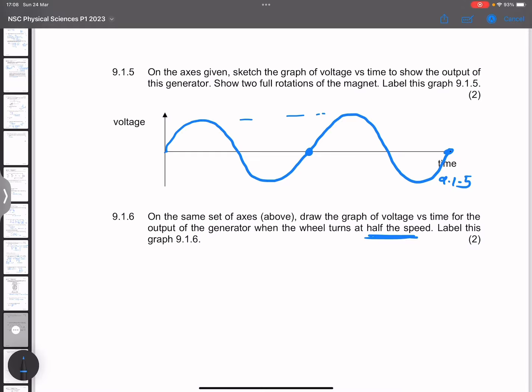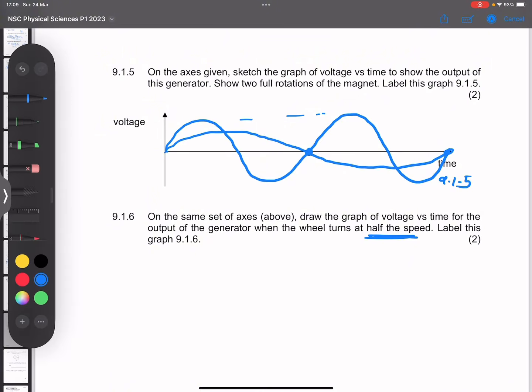So the induced voltage should decrease at half the speed. My peaks are much less, and I've got only one full cycle because I'm turning at half the speed. Maybe I should have used a different color, just to show the other one.